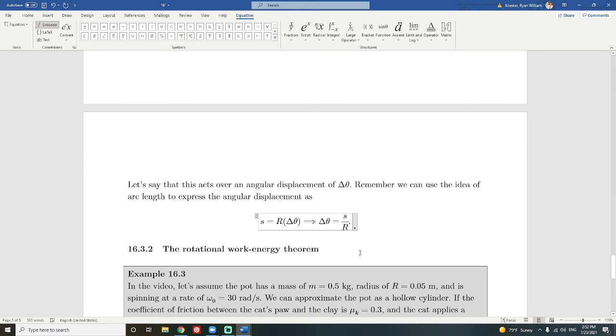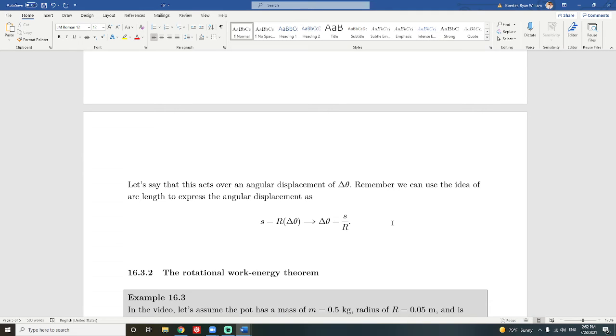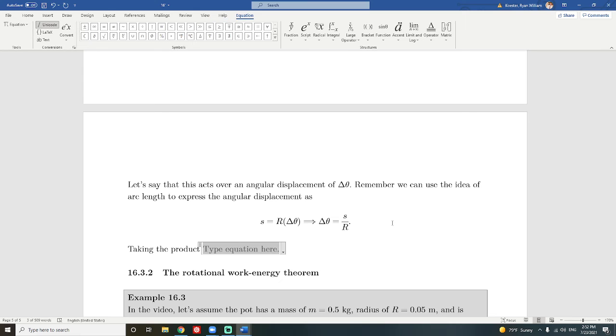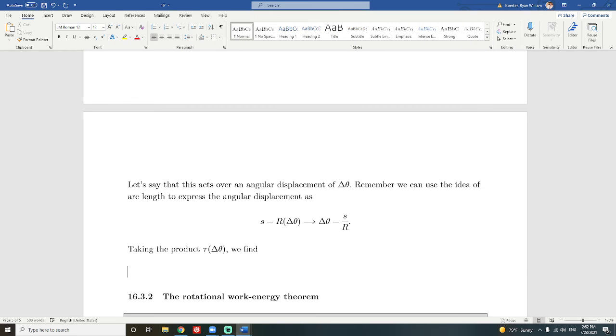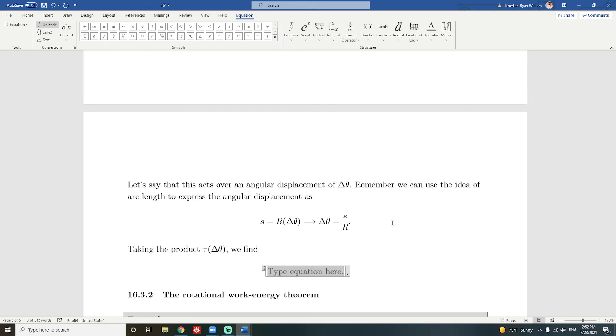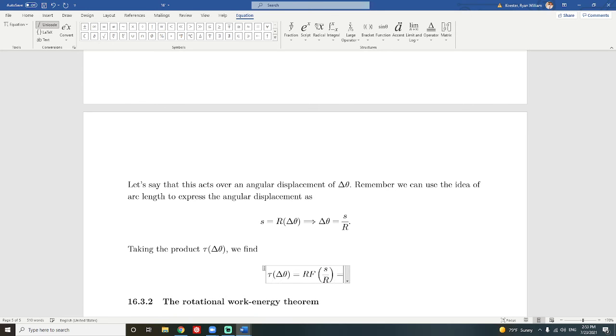Okay, so then let's take the product. Taking the product, we want to multiply tau and delta theta. We find, so we said that tau was RF, right? And delta theta is S over R. And this just works out to be Fs. And this is a work, right?